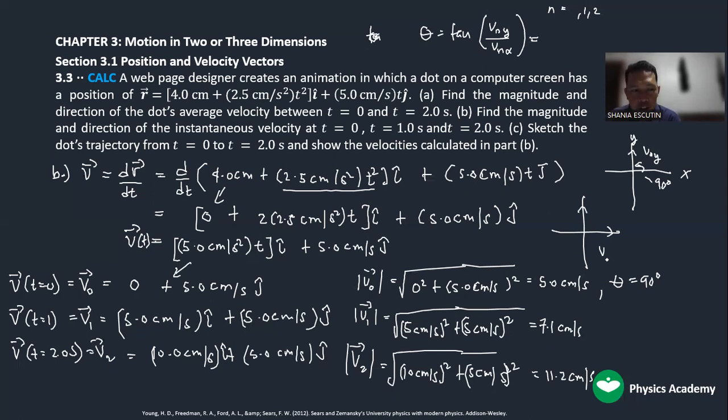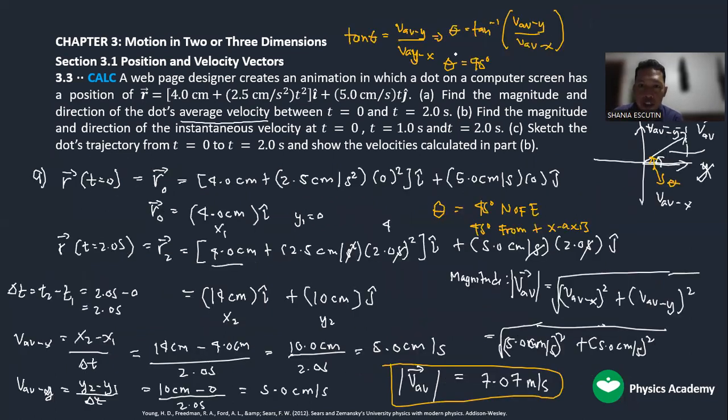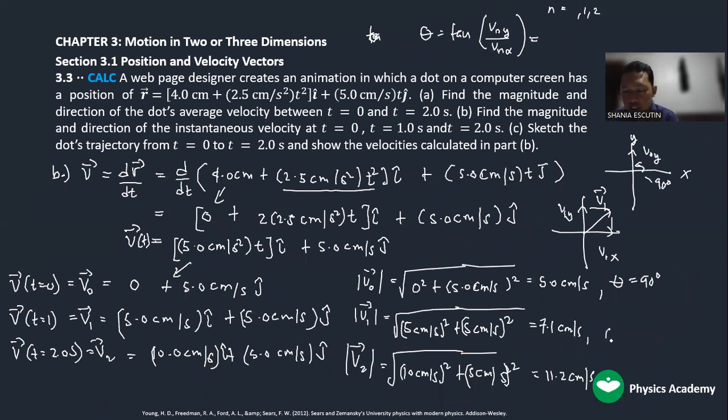This is our v sub 1 x and this is our v sub 1 y. Our v sub 1 vector is right here. We already calculated this one, which is equal to 45 degrees. So theta is equal to 45 degrees.